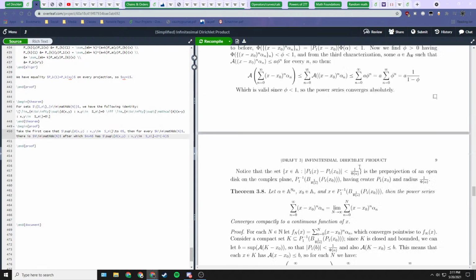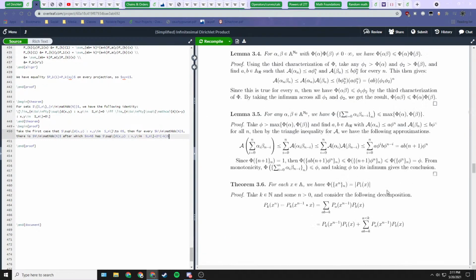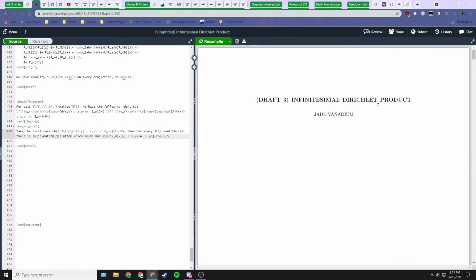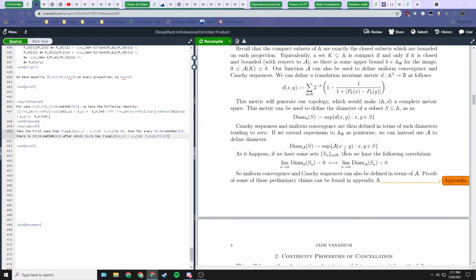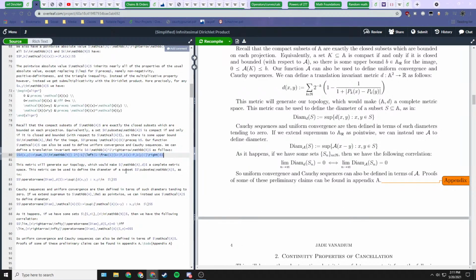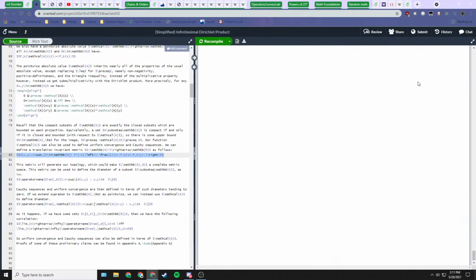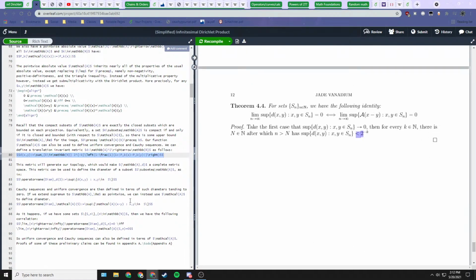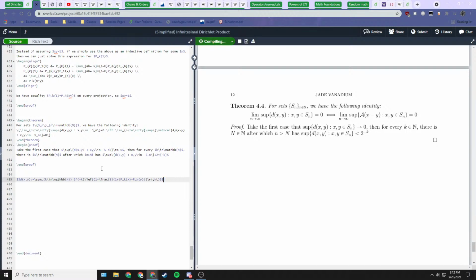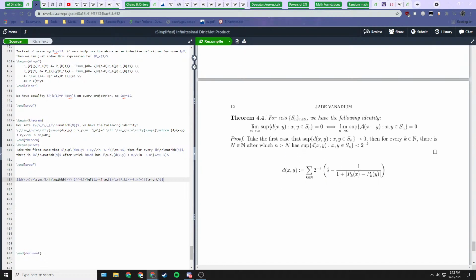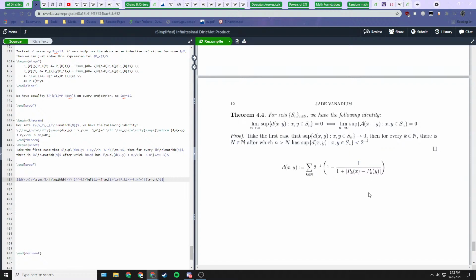Let's pull that distance function down here, so I can see it. Okay, so what we want to do is show that if these distances are tending to 0 in supremum, then these projections are also tending to 0 in supremum.